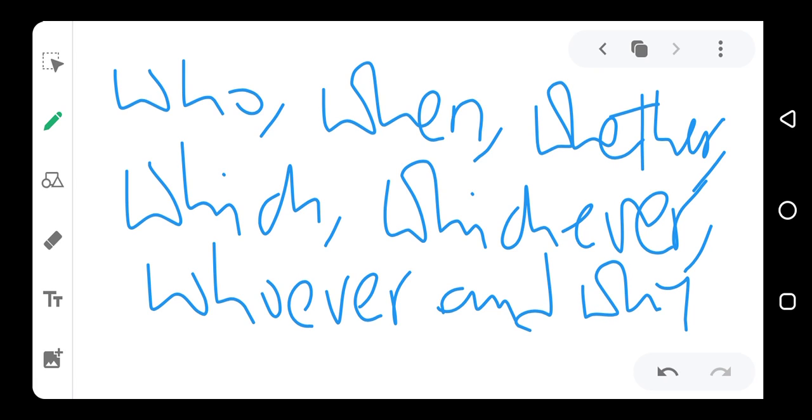So these are the words we should always be on the lookout for if we want to identify a noun clause in a sentence.